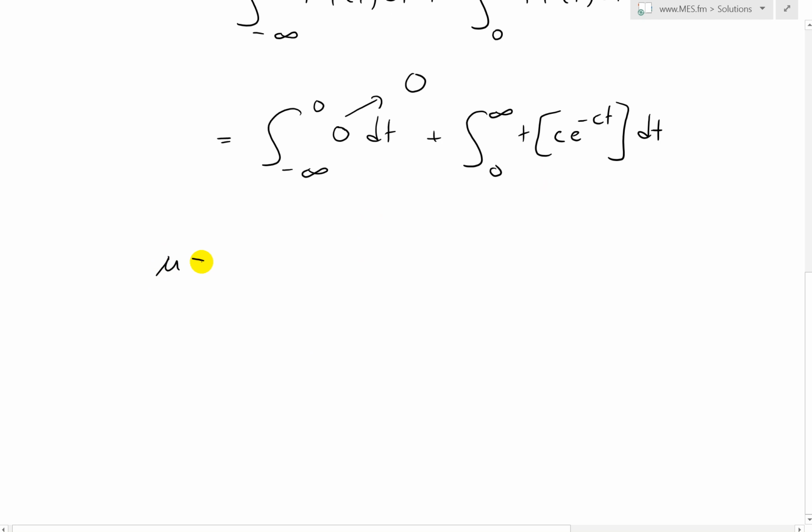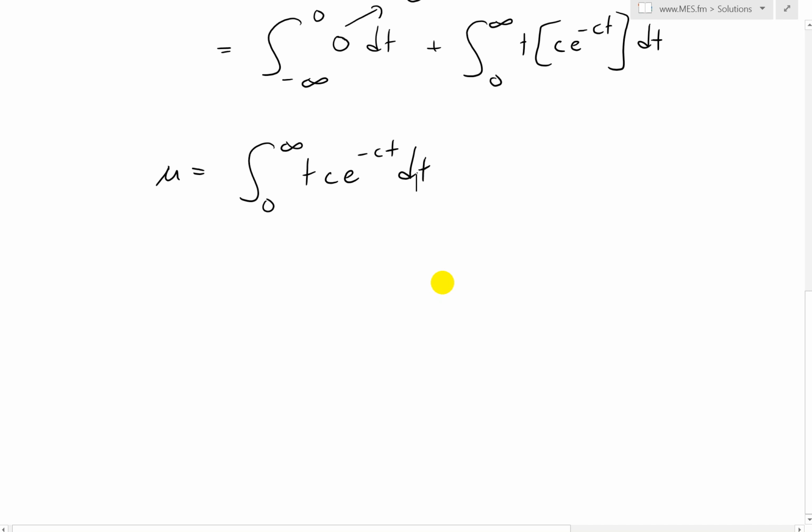So the average value mu, or the mean, is equal to the integral from 0 to infinity of t times c e to the negative ct dt. But over here it's an infinite interval, so we can't just solve it directly like that. Instead we can write this as a limit.